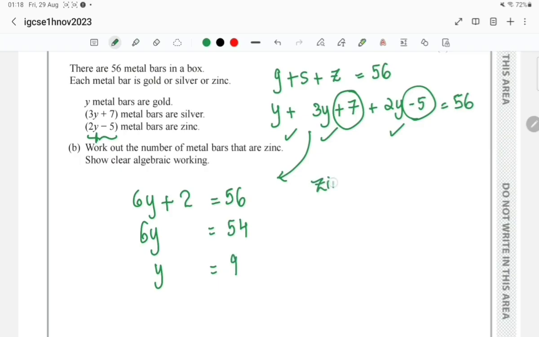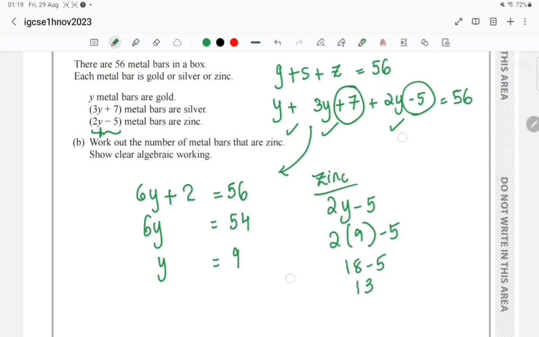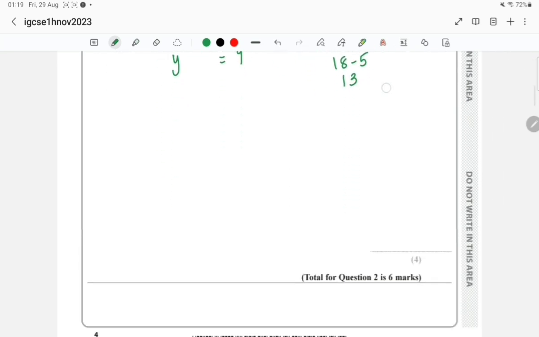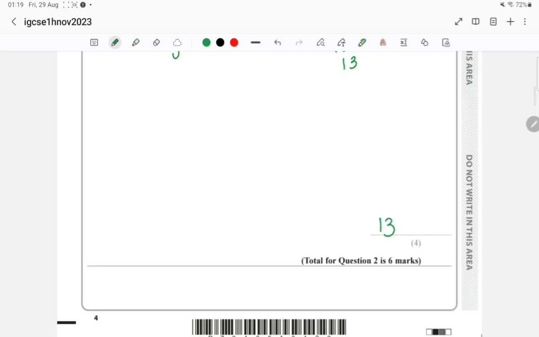Now the number of zinc bars would be 2y minus 5, which is 2 times 9 minus 5, so 18 minus 5, which is equal to 13. So my answer is 13 zinc bars.